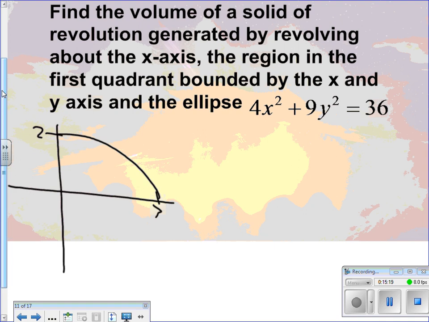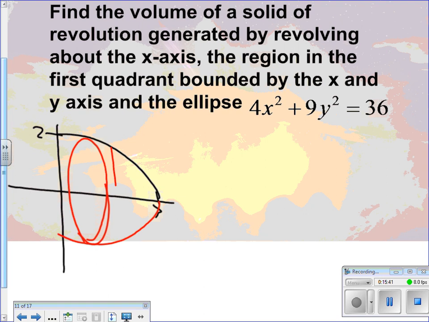Now, what am I looking for when I'm trying to do this? I need my bounds, and I need my cross-sectional radius. So you have to picture in your mind that you're spinning this thing around, so you're going to get an object cut across like that, and you have a disc that goes in here. And you've got another disc, and a bunch of those discs. So what's my radius?